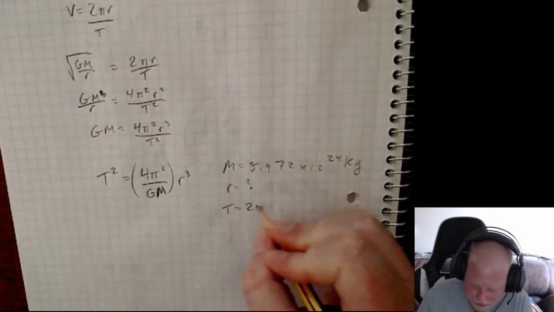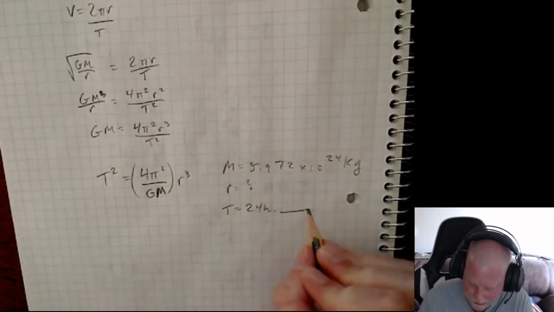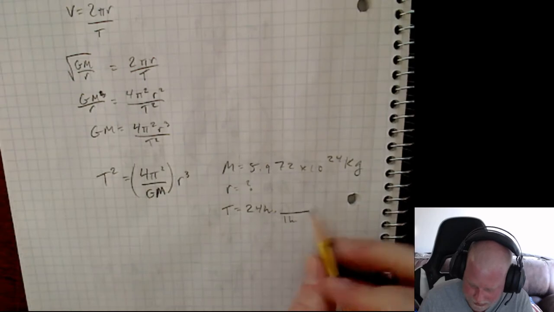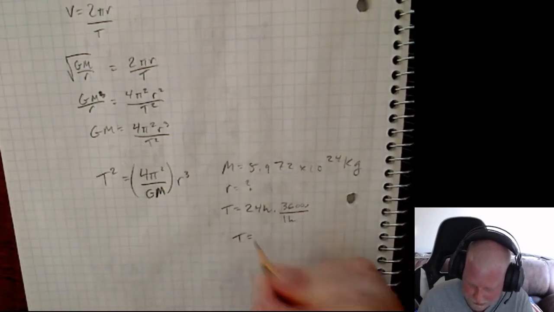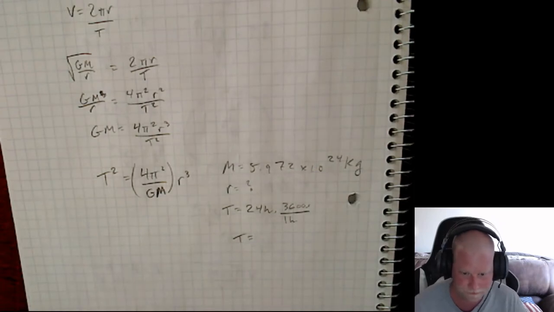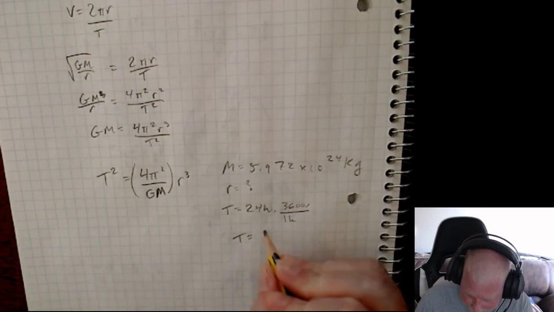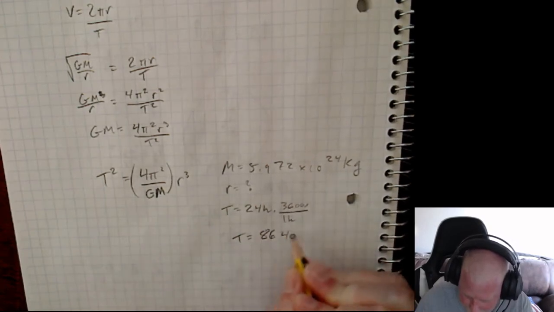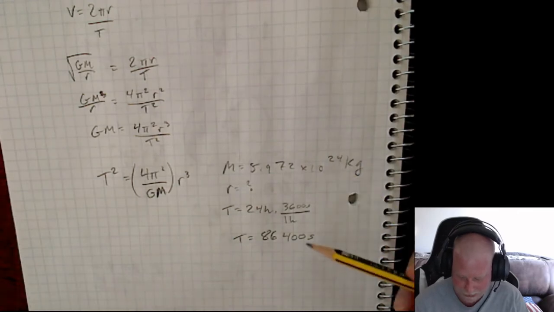So the period of rotation would be 24 hours, right? Or if we want to get that into seconds, 1 hour is 3,600 seconds. So the period would be 86,400 seconds. So we got mass, we got period.